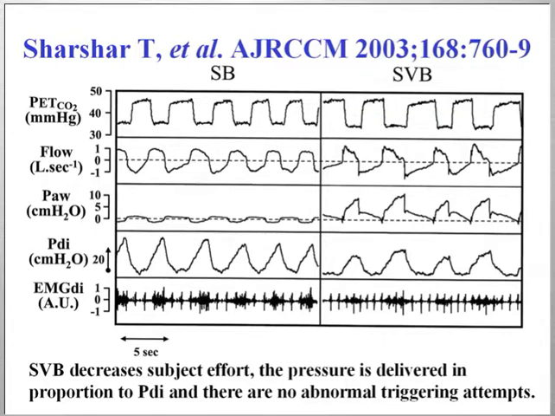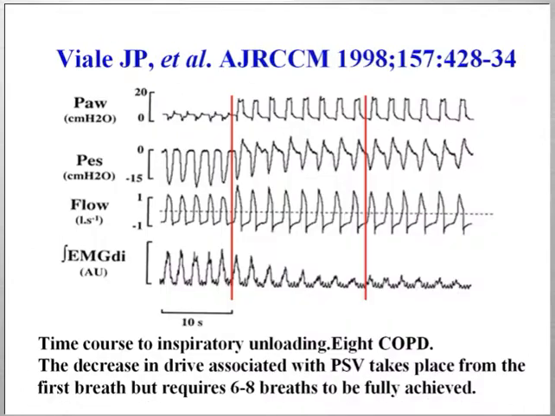And what the authors observed was that with this pressure support driven directly by the transdiaphragmatic pressure signal, there was a decrease in inspiratory muscle effort, which you can see easily here in comparison to your left, and without abnormal triggering effects or attempts.